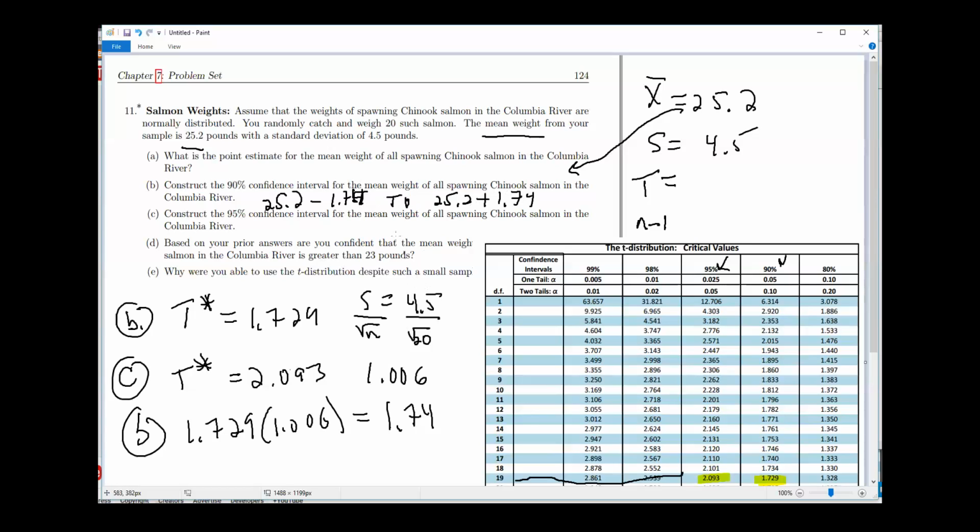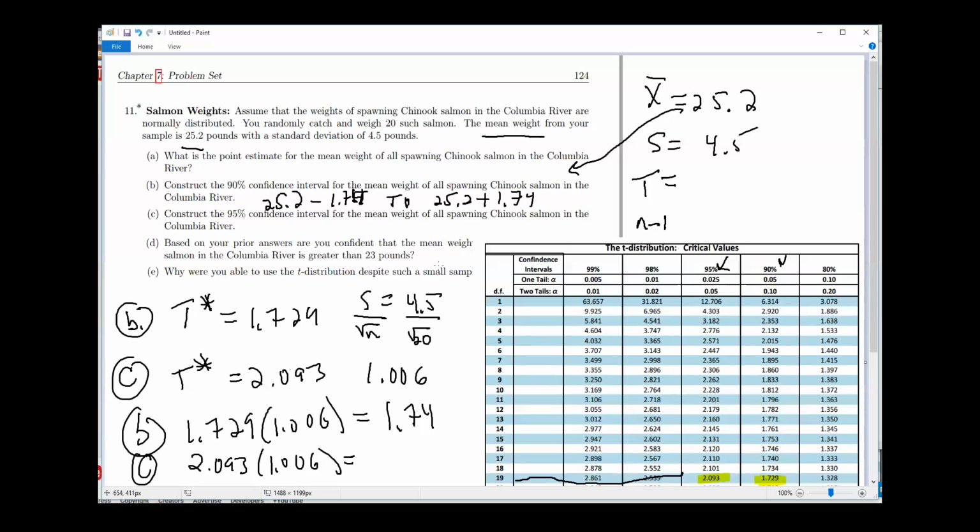Now to get the 95% confidence interval, we're just going to take that higher t-score, the 2.093, and multiply that by the standard deviation, because that doesn't change for the sampling distribution. So 2.093 times 1.006.